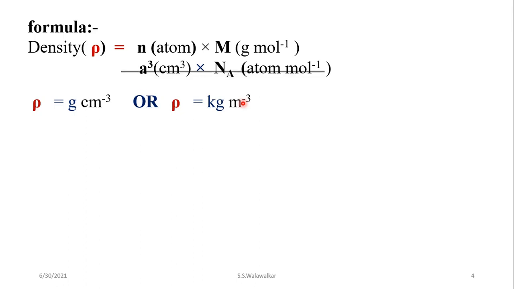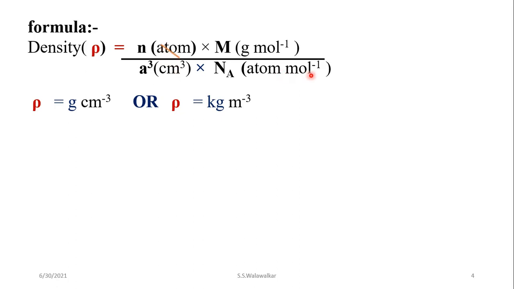Here the formula of density is rho is equal to n atoms into M gram per mole, that is molar mass, divided by volume, that is a cube, which is expressed in cubic centimeter, into Na, that is Avogadro's number, atoms per mole.